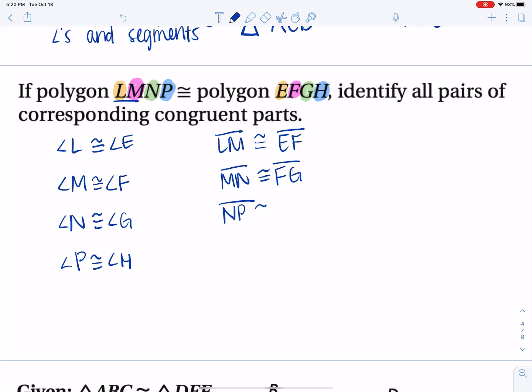Segment NP has to be congruent to segment GH. And that last one, you could name it PL or LP, has to be congruent to HE. Remember, we can name segments by their endpoints in any order. So here's all 4 sets of corresponding angles and all 4 sets of corresponding sides.